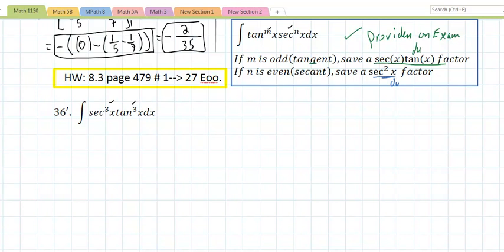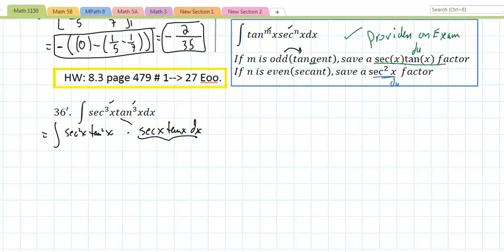Since it is odd, I'm going to apply this rule. So save a secant tangent. If I save a secant of x, tangent of x dx, what would be left? Wouldn't I still have a secant squared of x and a tangent squared of x? Now, this is my du.